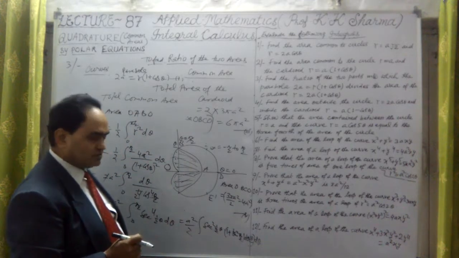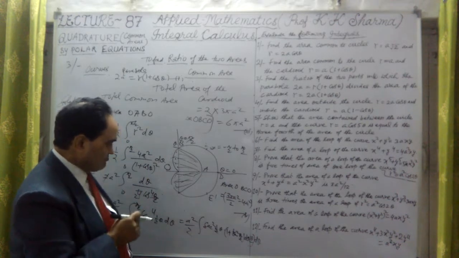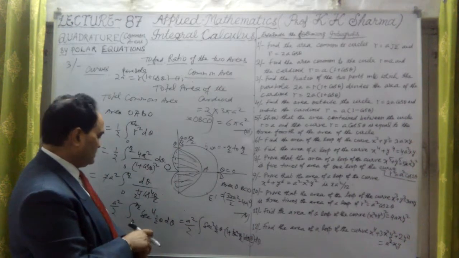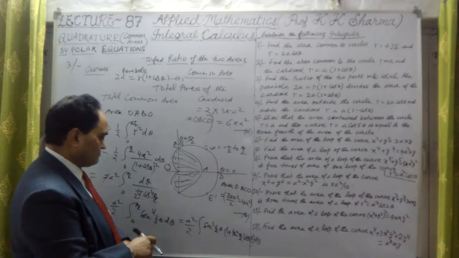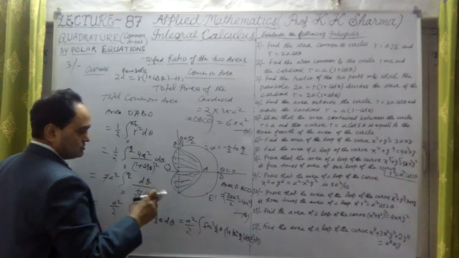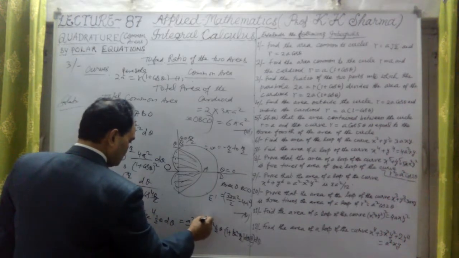So if I put tan theta by 2 equal to t, we have to substitute something. The limit is 0 to pi by 2.